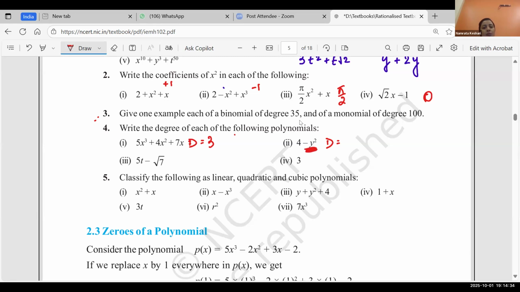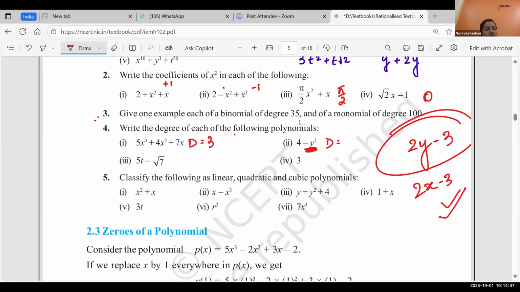It can be x or y or z. All the examples I have shown you with x, but you can have y as well. And this is again a polynomial. The way you are comfortable with 2x minus 3, I want you to be comfortable with 2y minus 3. These two are the same thing, just with different alphabets. Are you understanding? Yes, ma'am.